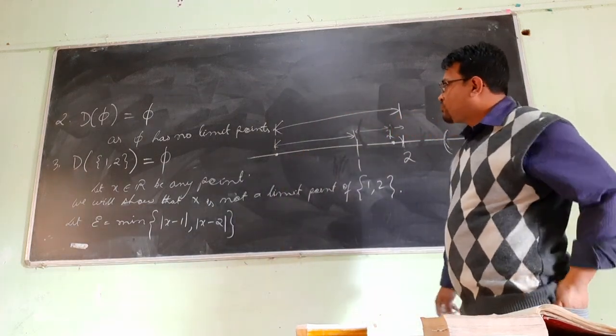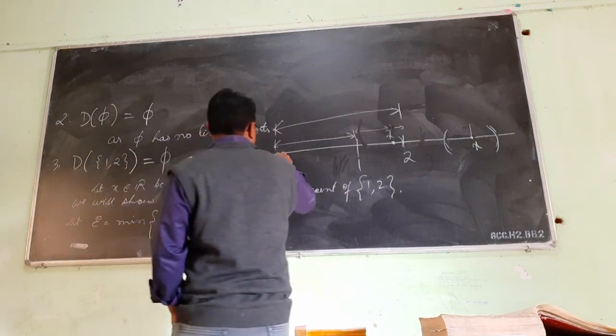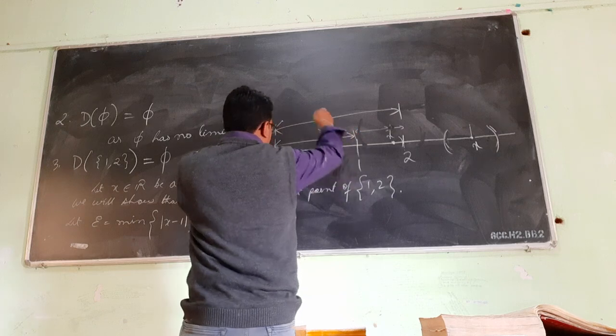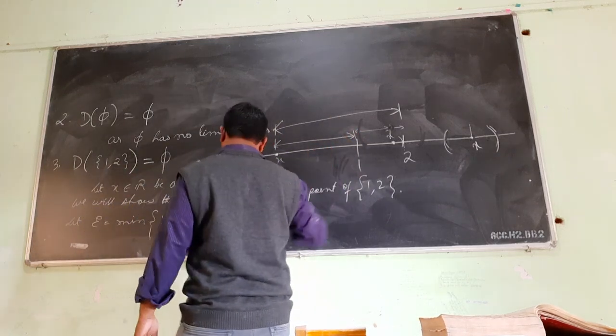So we construct an open interval, x minus epsilon to x plus epsilon.